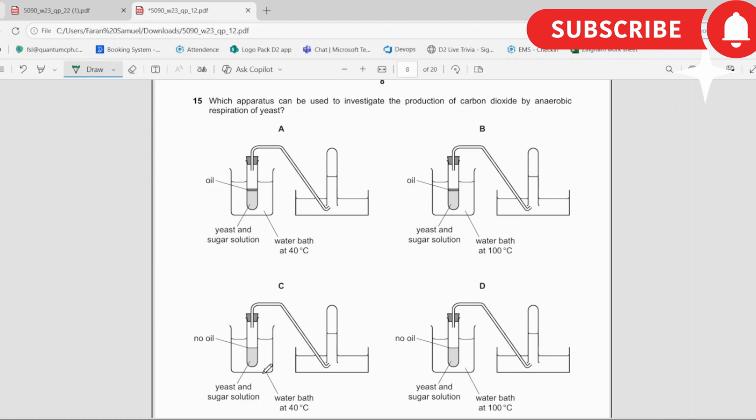Okay, and the temperature of A and C is 40 while B and C is 100. So we must know the optimum temperature of yeast. Exactly. So it would be A.